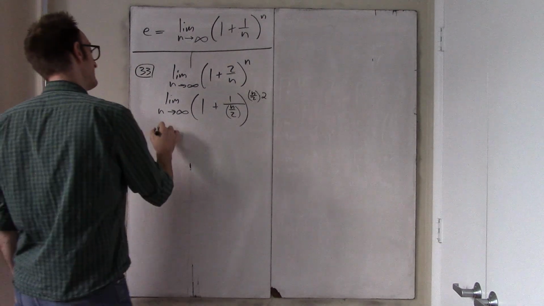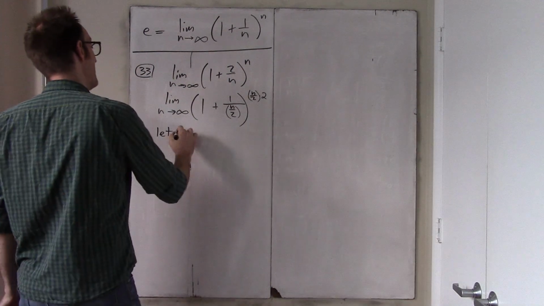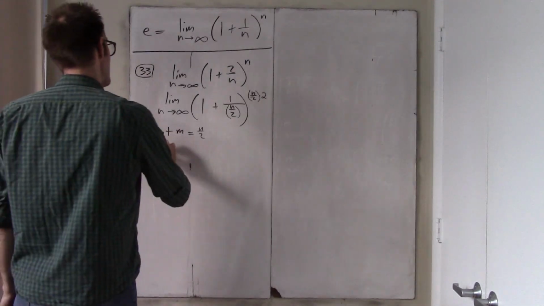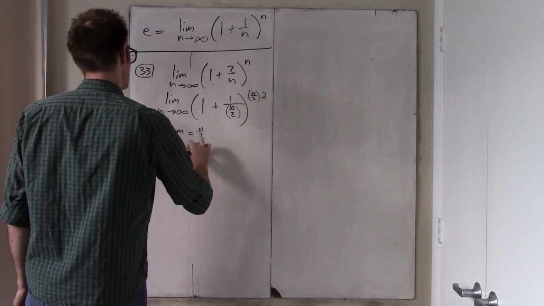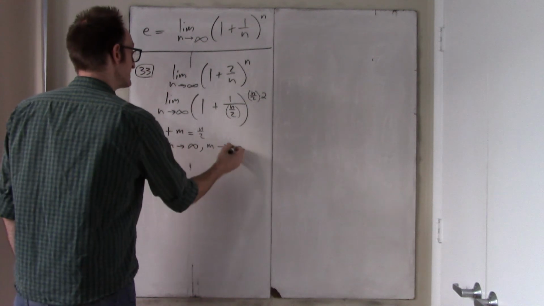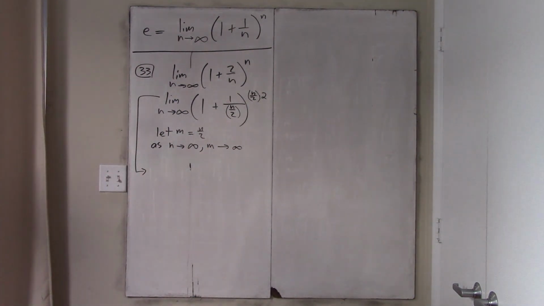In other words, maybe it's better if we make an explicit substitution. So let m, say, be n over 2. Now, as n goes to infinity, I think it's clear that m also goes to infinity. And so, let's now take this limit that we're trying to calculate and rewrite it in terms of m's.